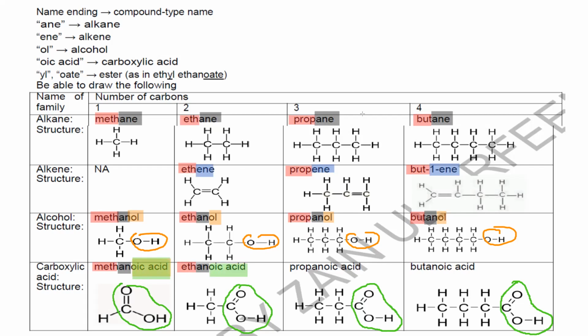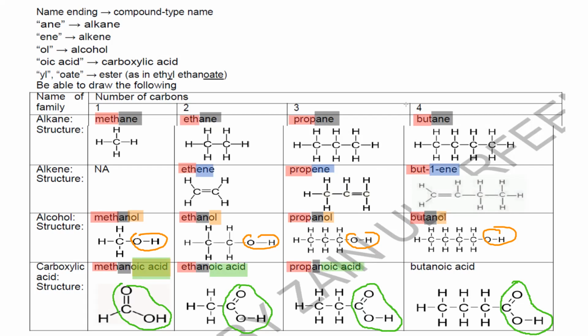And prop, because of three carbon atoms, it is prop, single bond between them, and due to the presence of C double bonded with O and OH, it will become acid. So it will become propanoic acid.